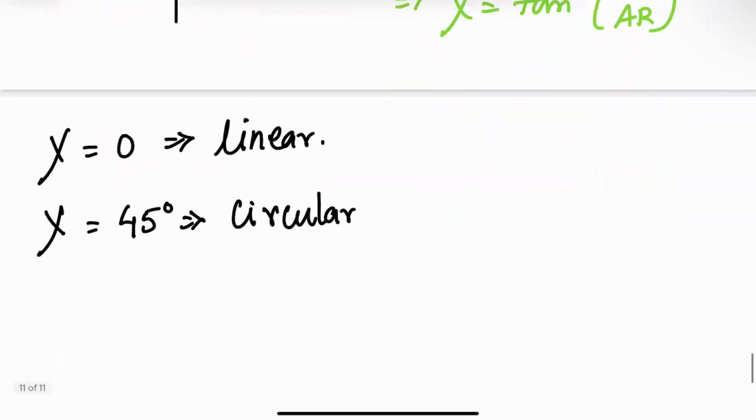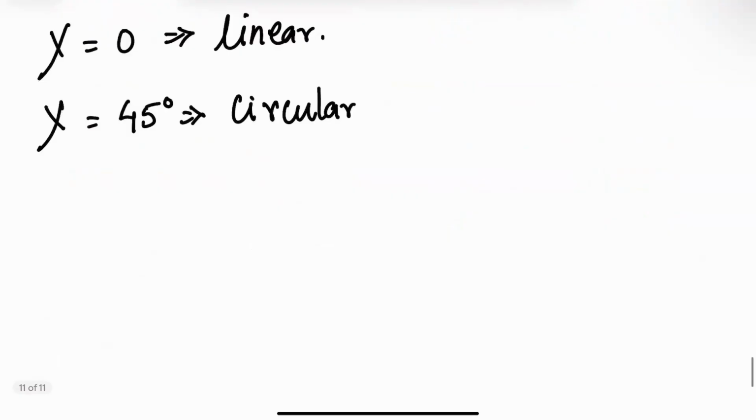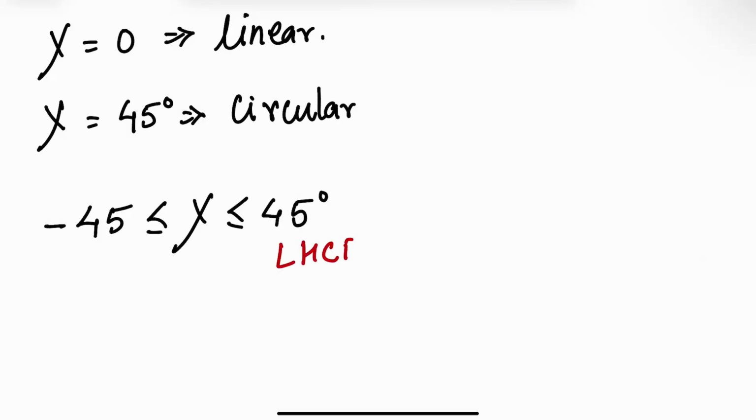In general, chi is between 0 and 45, but in order to treat right-handed and left-handed circular polarization, we can define chi to be between minus 45 and 45. By convention, we choose plus 45 to be LHCP and minus 45 to be RHCP.